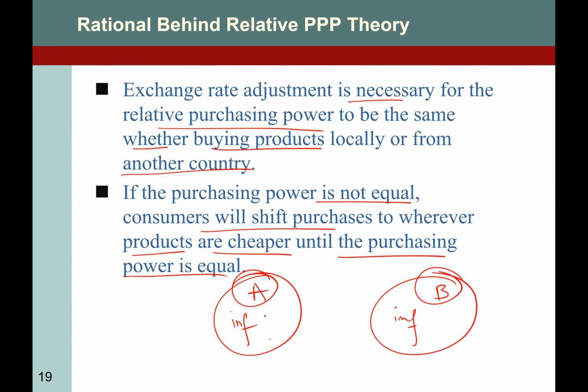If inflation is, for example, 10% in A and 5% in B, how is it the same? They say that then the exchange rate will make them equal. How? The difference is 5%. Then the currency will adjust this purchasing power.